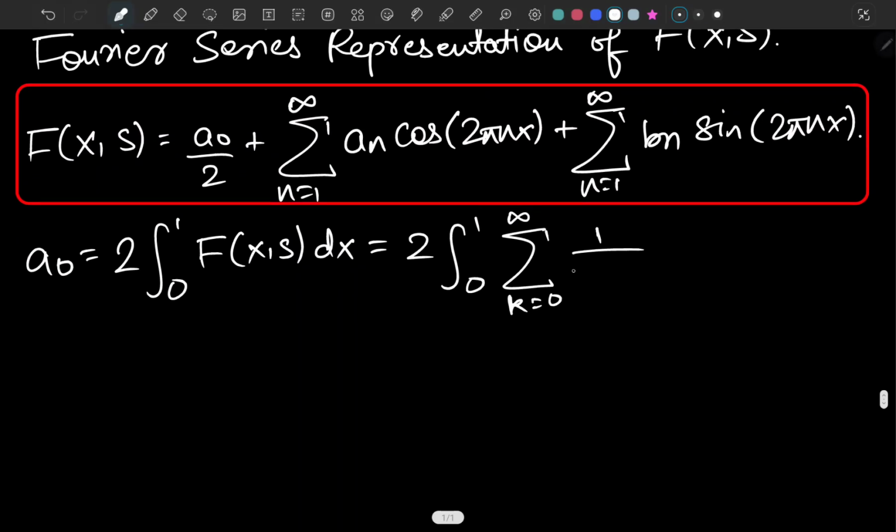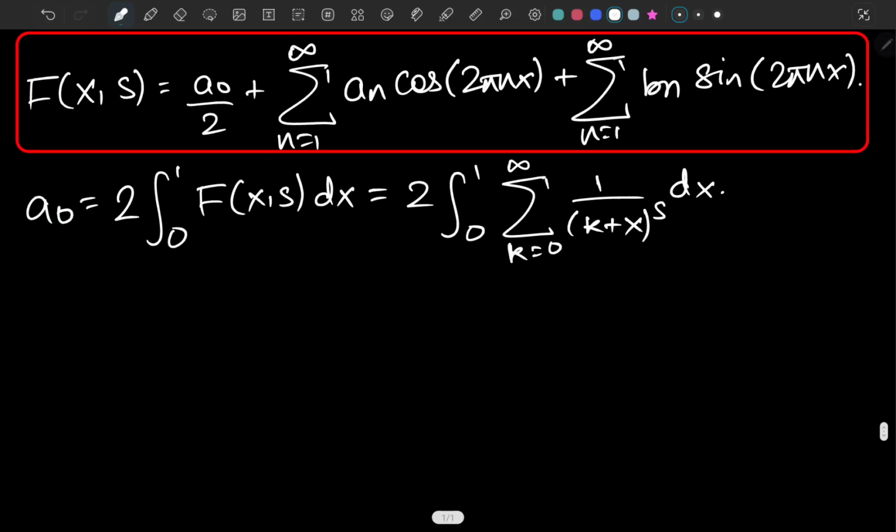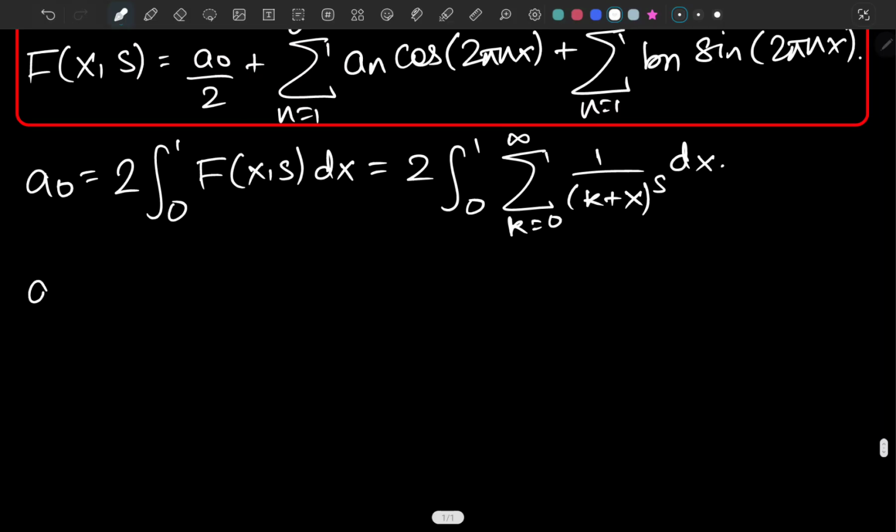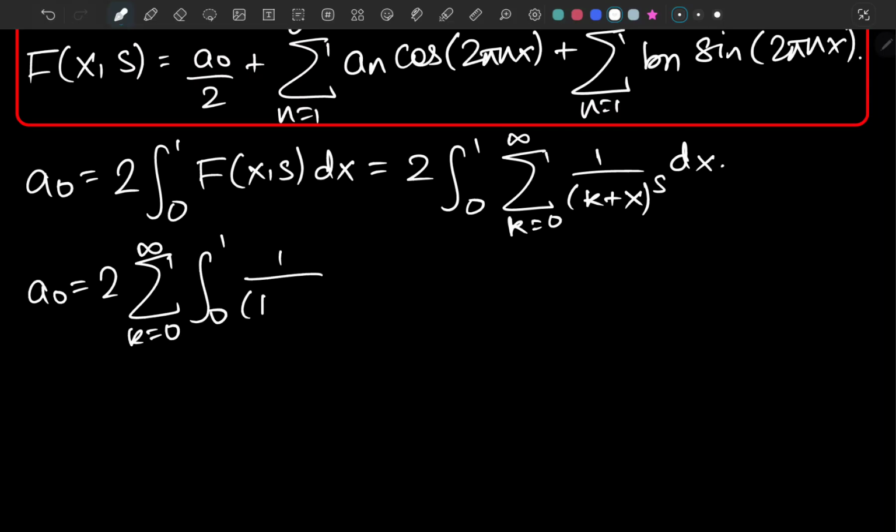So it's 1 over (k plus x) to the s dx. This can also be written as 2 times the infinite sum of the integral from 0 to 1 of 1 over (k plus x) to the s dx.